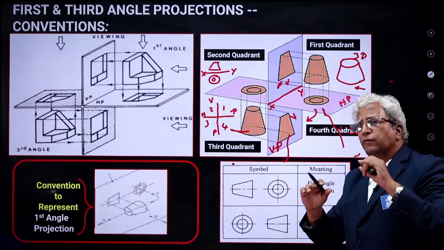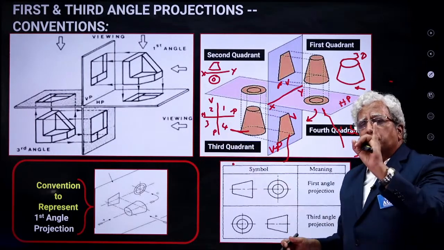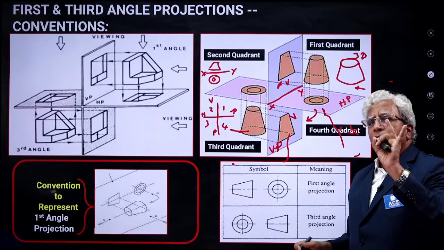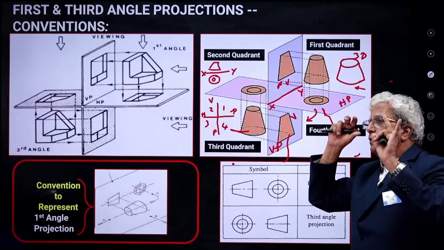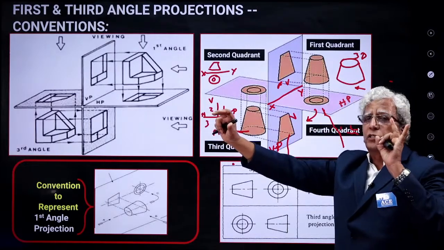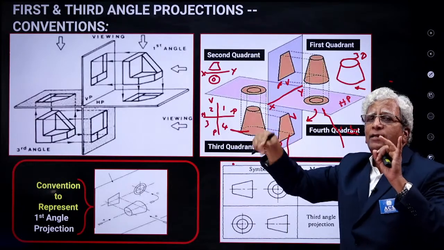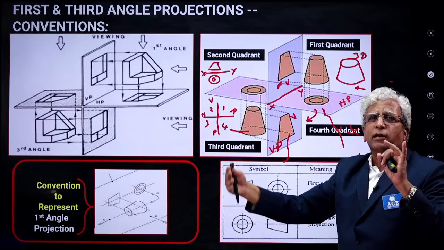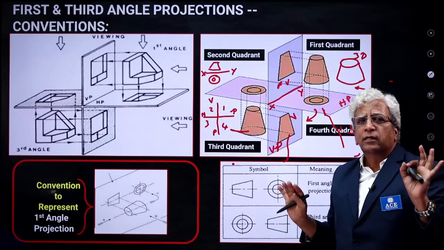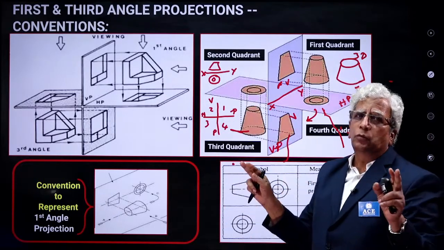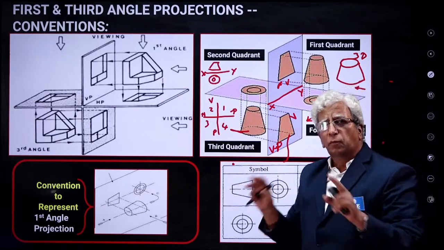We are drawing for an object, therefore observer first, next object, and then we connect and visualize with projectors. And then the figure we take on a vertical plane or horizontal plane called a picture plane. How many picture planes? 2. Fundamentally only 2 picture planes.